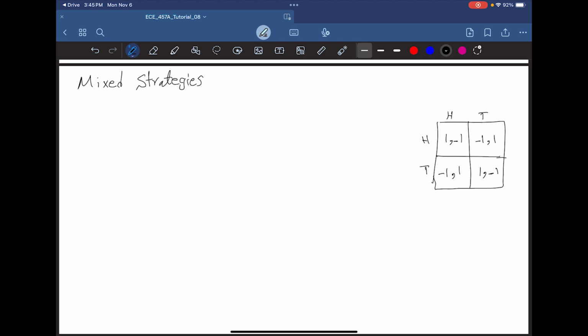So this is player 1 and this is player 2. So as you can see in this game, there is no pure strategy, pure Nash equilibrium in this game. So there is no Nash equilibrium.